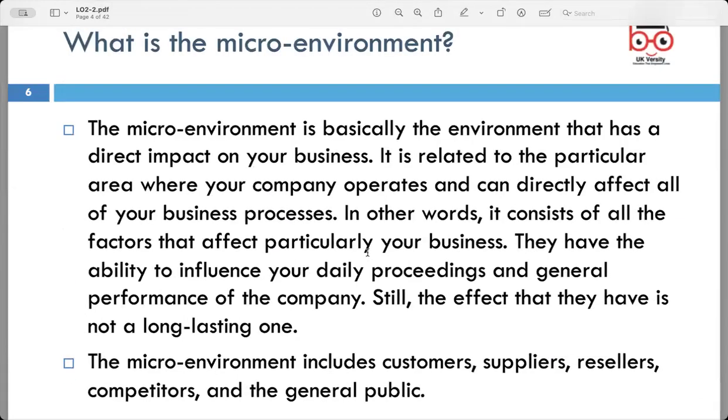What is the microenvironment? To put it simply, the microenvironment refers to the environment that has a direct influence on your professional enterprise. All of your business procedures may be directly impacted by it as it is connected to the specific region in which your firm operates.